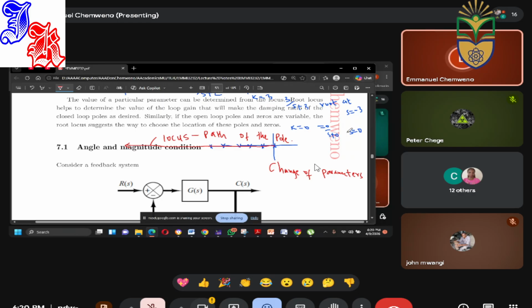In the example that we just looked at, we had k over s squared plus s plus whatever it was. We found that if k is greater than a certain value, then the system becomes unstable.